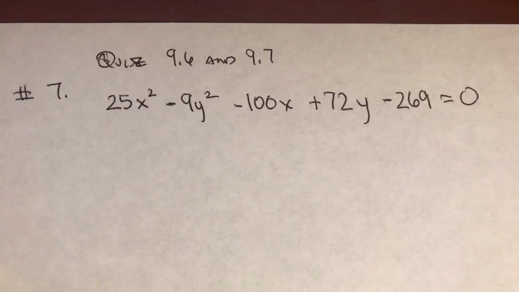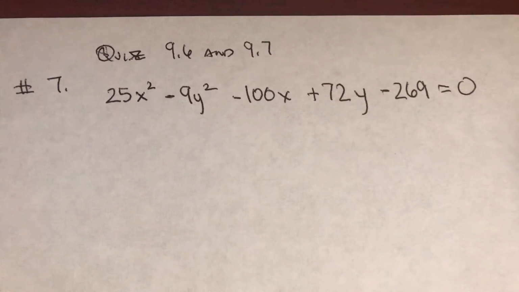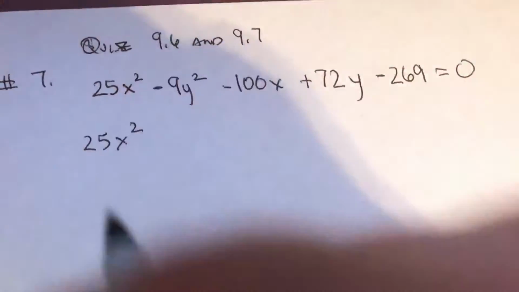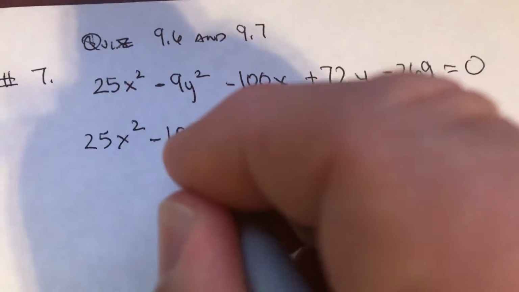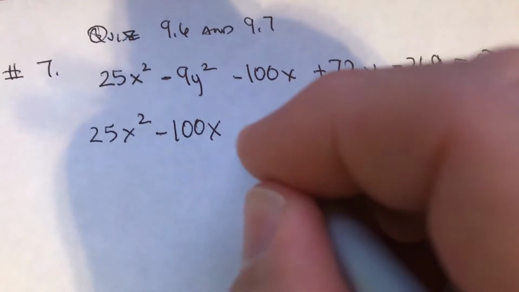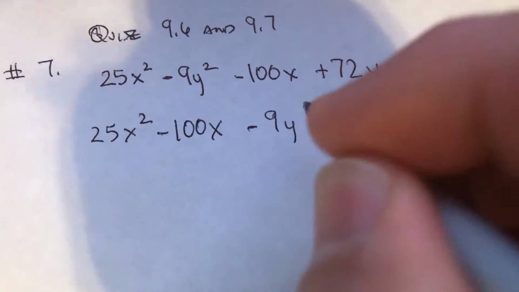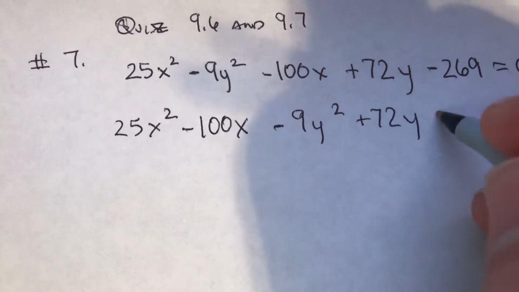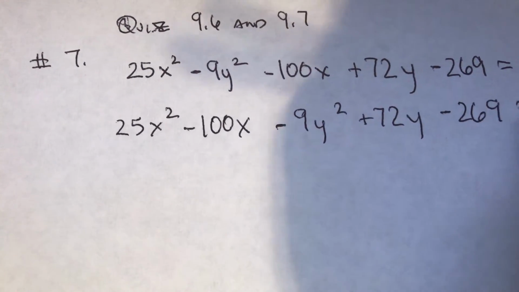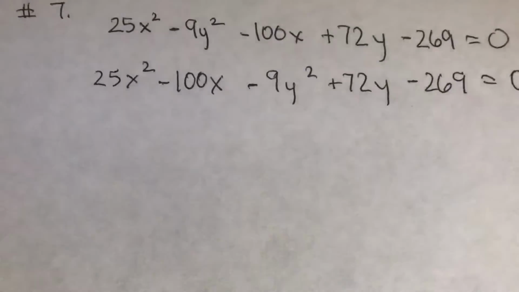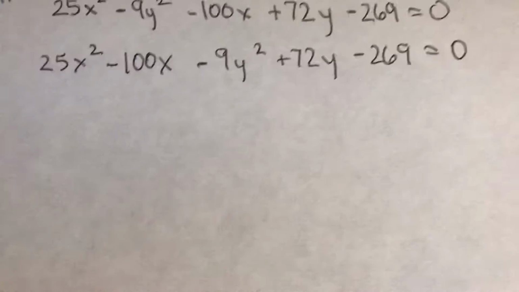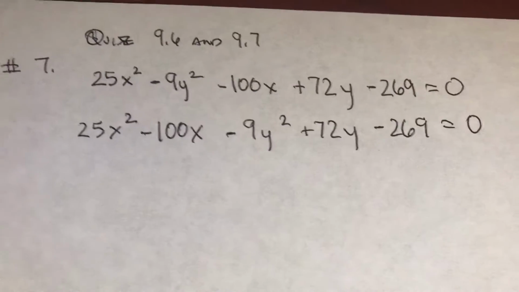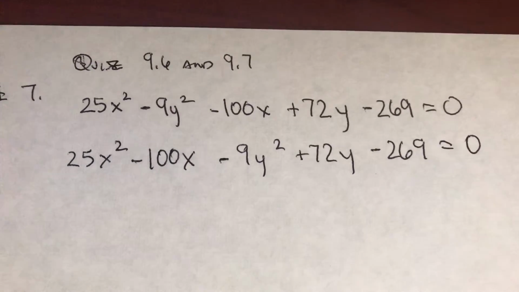So I want x squared with x, y squared with y. So far, so good.